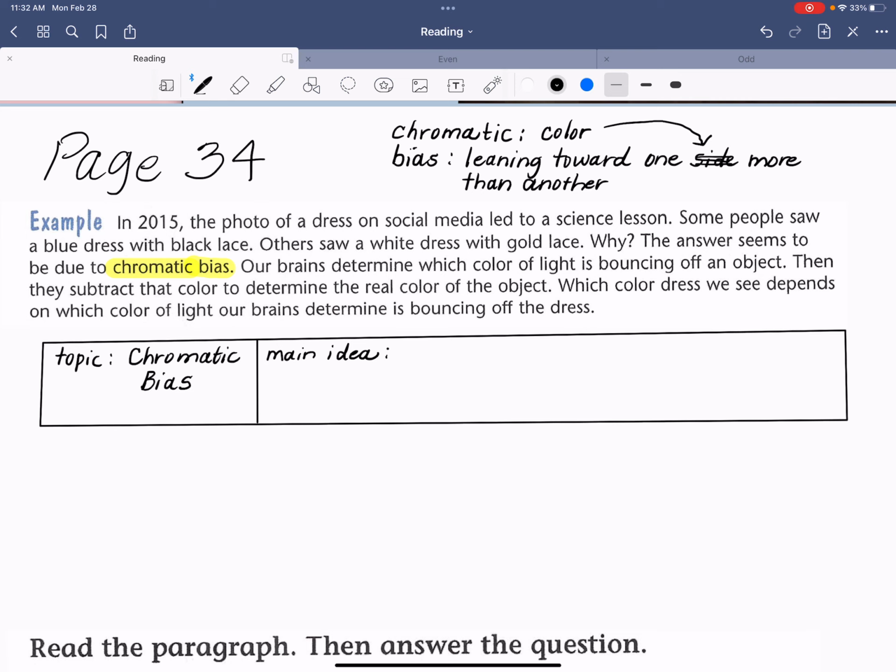And the main idea is that chromatic bias, or color bias, influences how we perceive, that's a big word too, color.